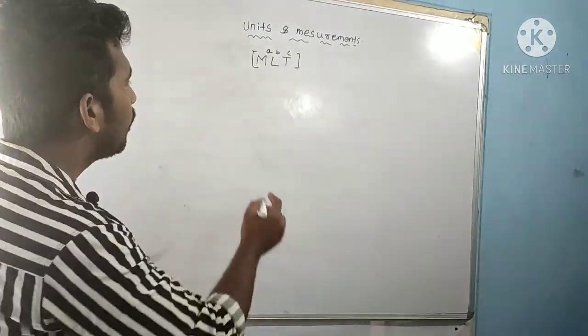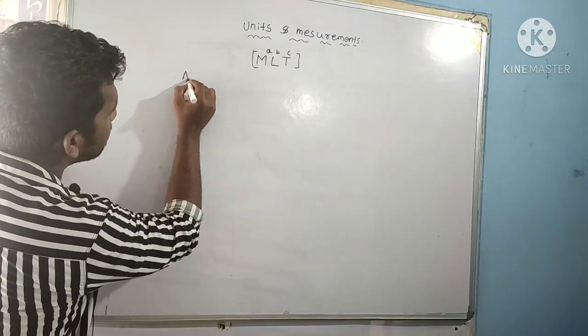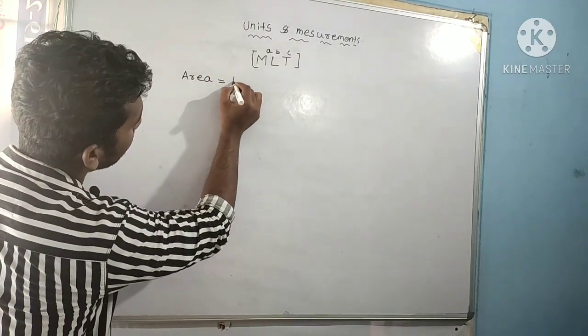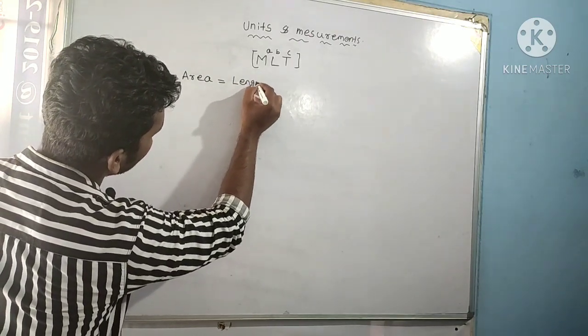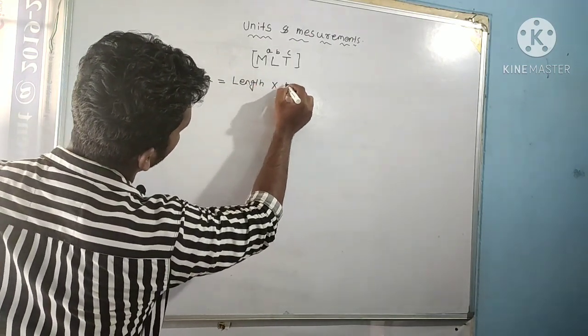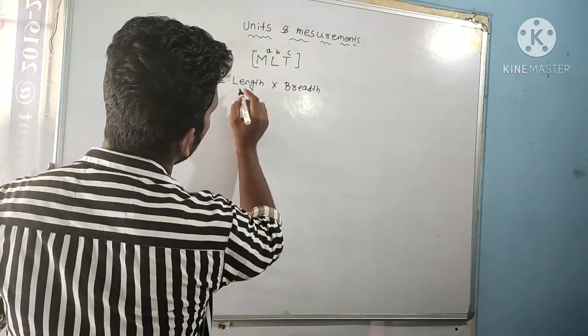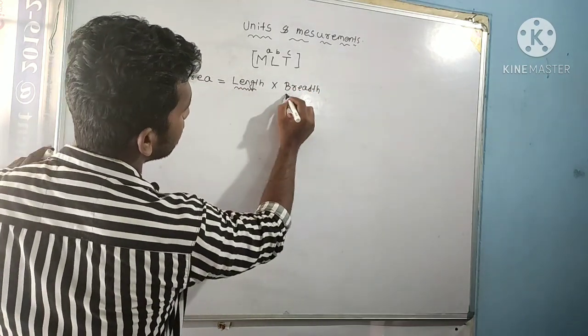Just an example, mo it got a physical quantity, maybe this is the area. So area कहले हमें जाने this is length into breadth. So length, this is the breadth.